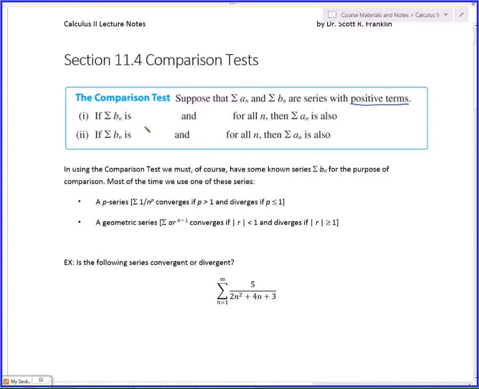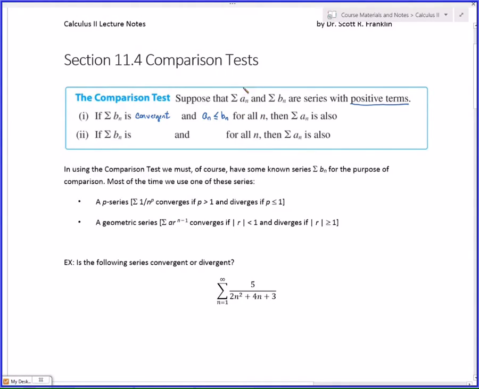Then I'm going to be able to say that if b sub n is convergent, so this is like my series that I know something about. Let's assume I know that b sub n is convergent, and I know that a sub n is less than or equal to b sub n always.